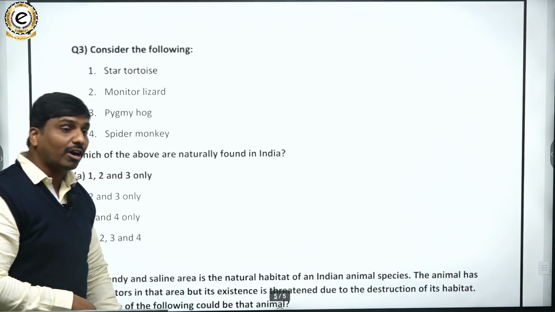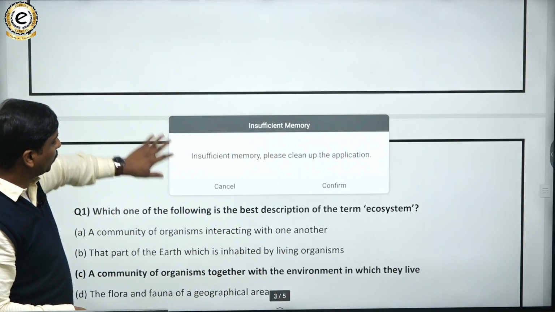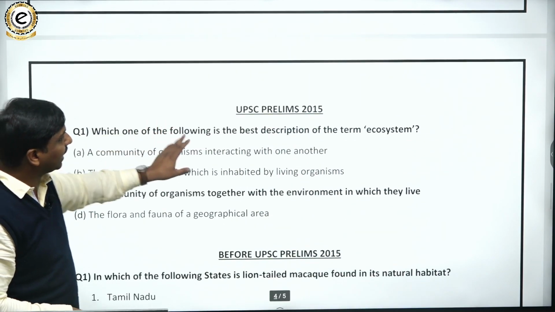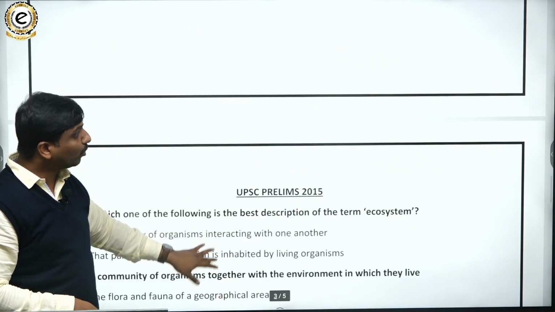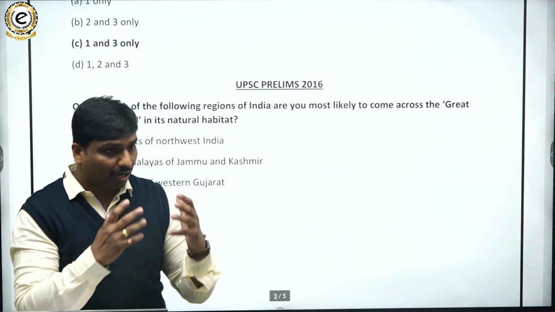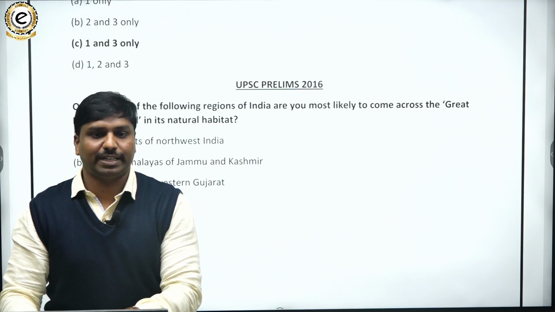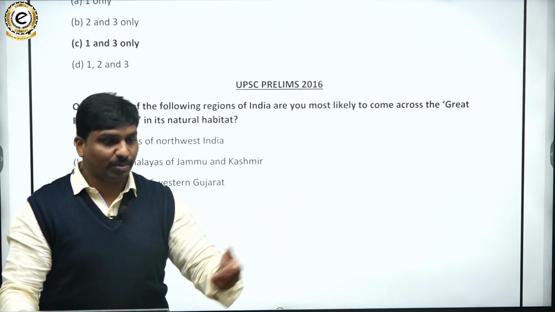There would be a lot of questions with respect to natural habitat, and some small questions like a description of the term ecosystem. Go through them so that you get to know the significance and what themes you have to learn. All of them will be circulated to you.